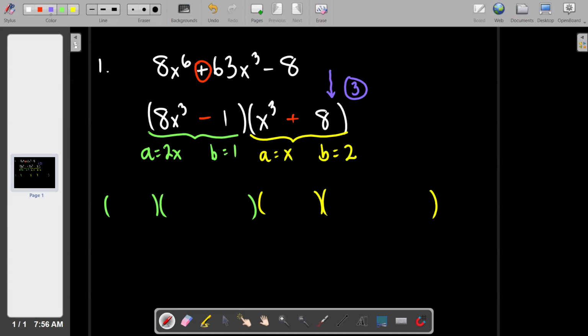So anyways, plug it all in and you get A minus B times A squared plus AB plus B squared. And then your other one is going to be A plus B times A squared minus AB plus B squared.